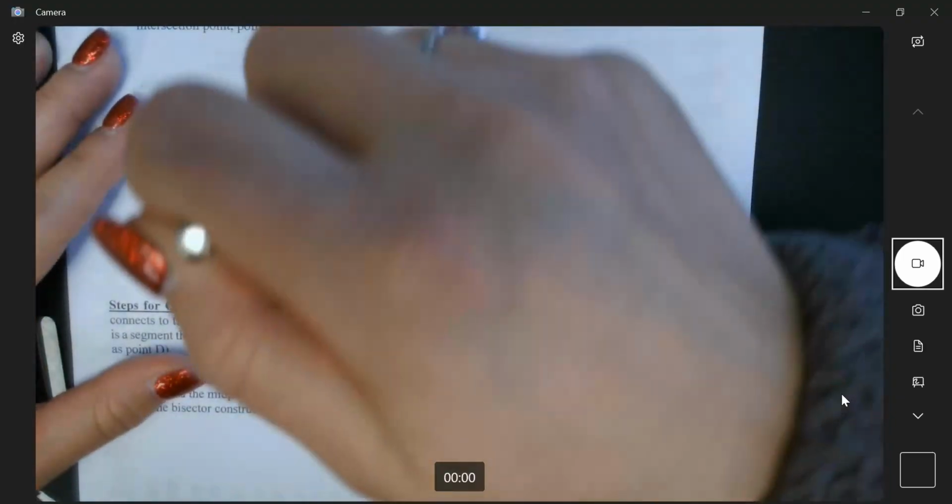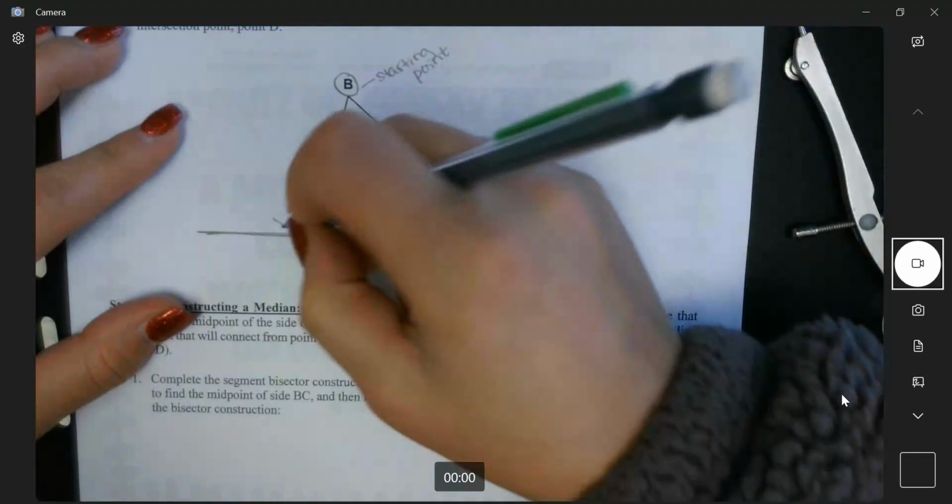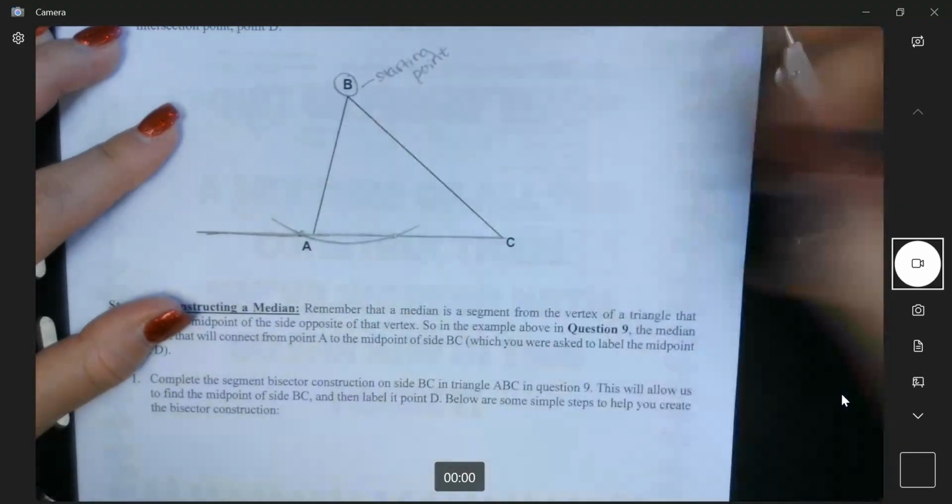And again, it should touch this line here twice. So I'm going to make an arc. Here's 1 and 2. Here's 1. Here is the second point.